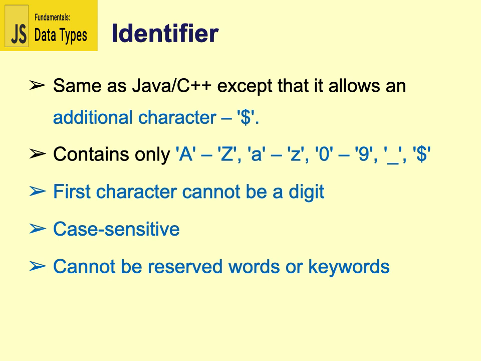The first character cannot be a digit. Identifiers are case sensitive, and cannot be reserved words or keywords. So we cannot use keywords or reserved words as an identifier.